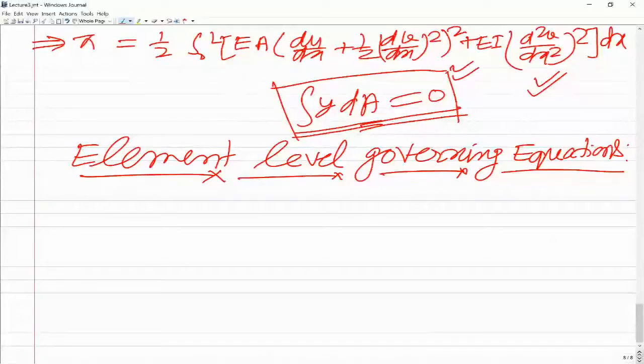Once the stresses sigma yy, sigma zz and the other stresses are zero, the only term would be half of sigma xx into epsilon xx integral dV. So that is what we are writing. Although the strains are non-zero, since the stresses are zero, the strain energy will only correspond to the sigma xx term. Okay. Thank you.